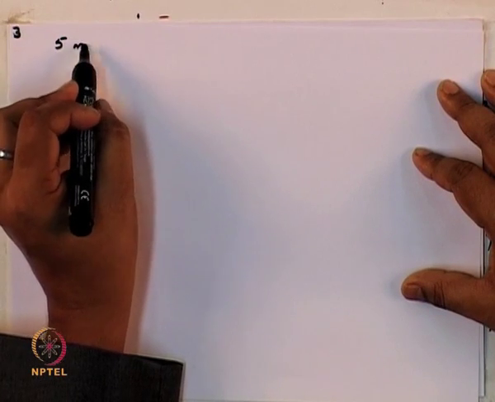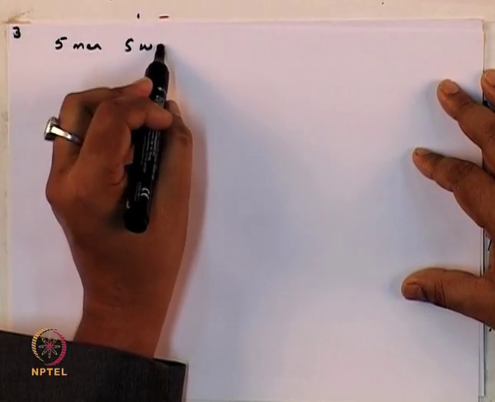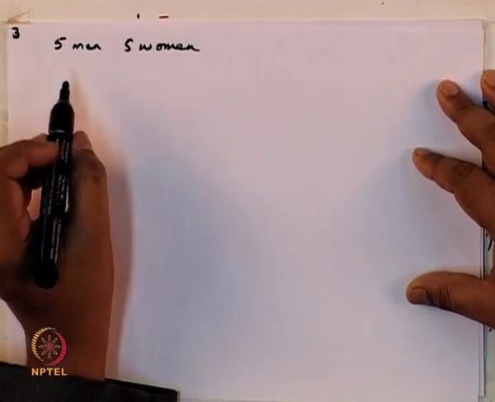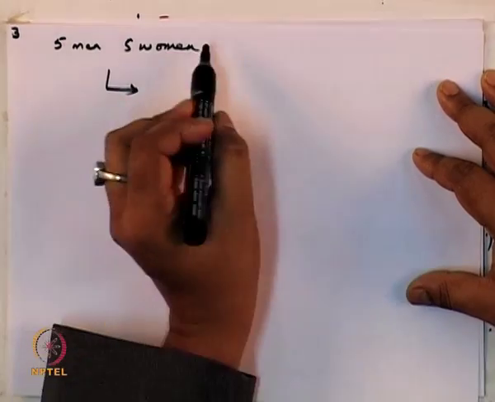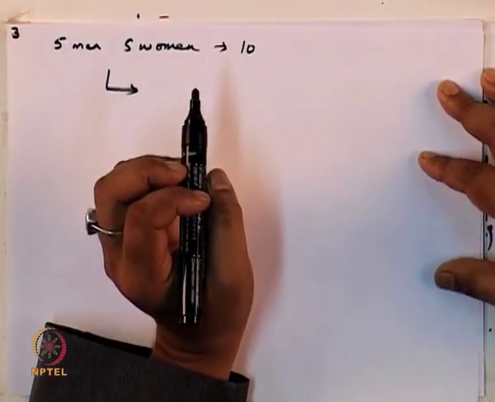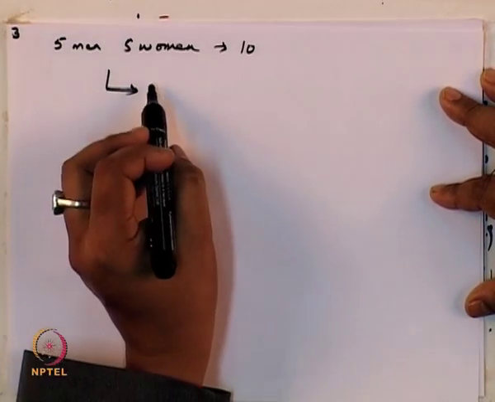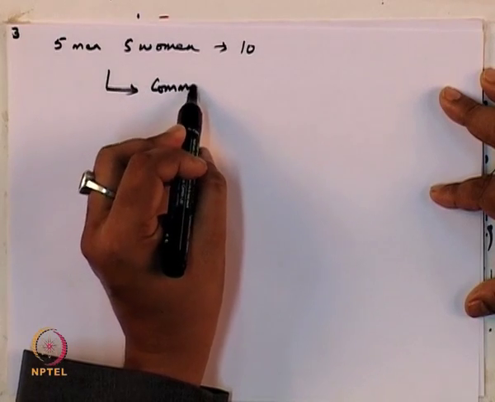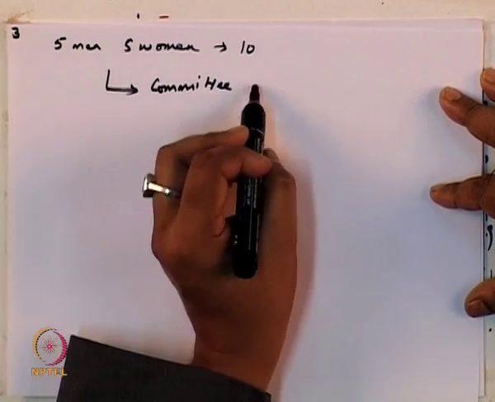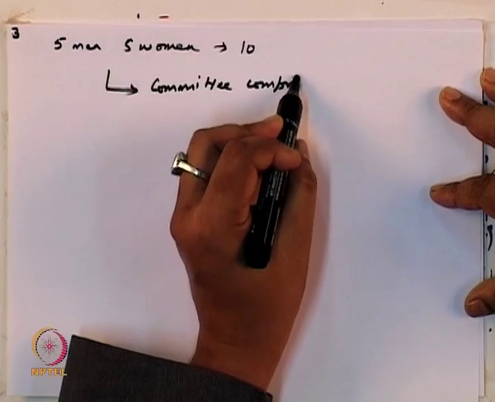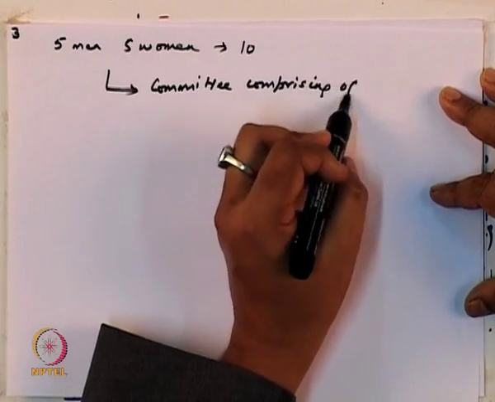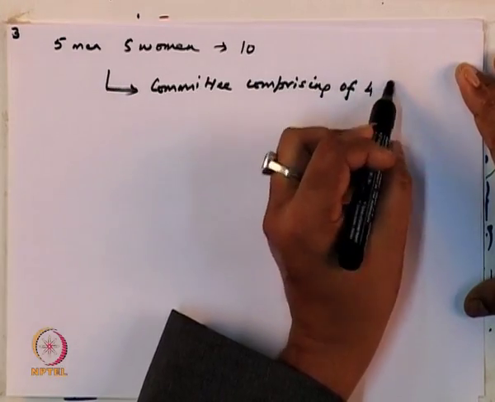So, let us do a sample example. Imagine in a class you have 5 men and 5 women. In total this gives you a sample size of 10 people. From this group you want to constitute a committee comprising of 4 people.